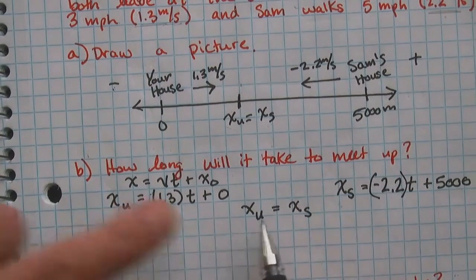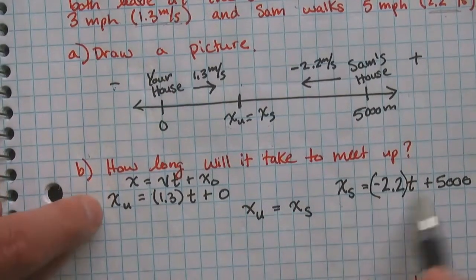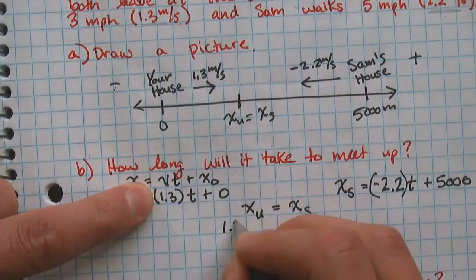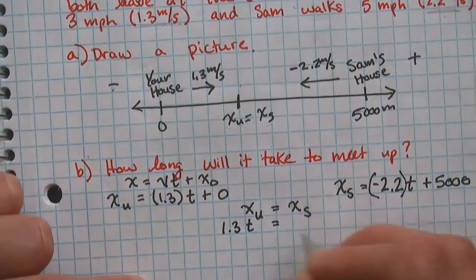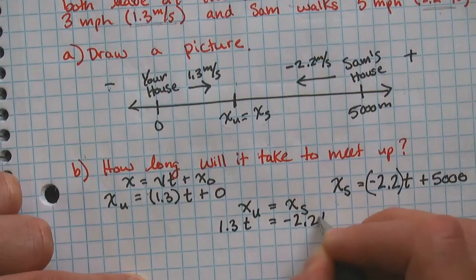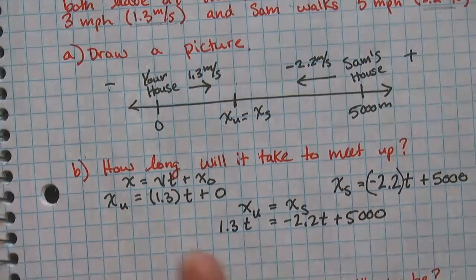So we have an equation for your position and an equation for Sam's position. So we just set our equations equal to each other. 1.3t, I can leave off the plus 0, obviously, is equal to negative 2.2t plus 5,000.